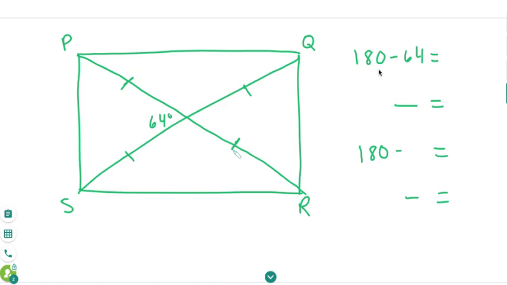We're going to minus that from 180, and that's going to give us 116. We're going to take 116, divide it by 2, and that will give us 58 and 58. Now, if this angle is 64, this angle is 64.